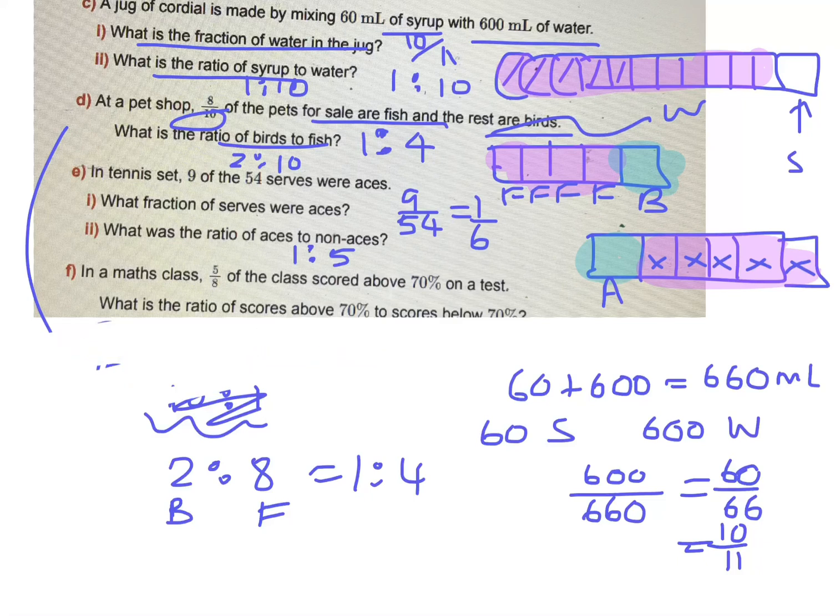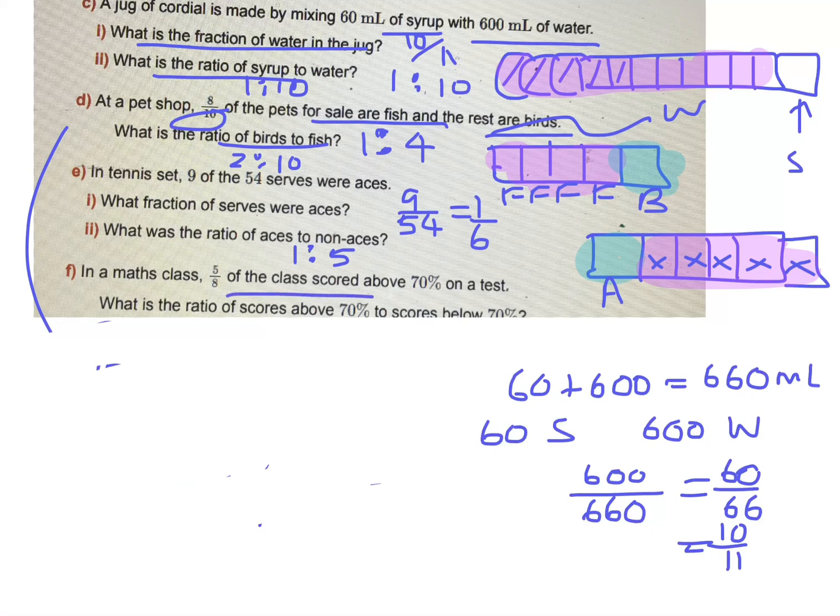So looking at the next one, what's the ratio of scores above 70 to scores below 70? So in a test, 5/8 of the class scored above 70. So 5 over 8 were greater than 70%, and 3 out of 8 were less than 70%.